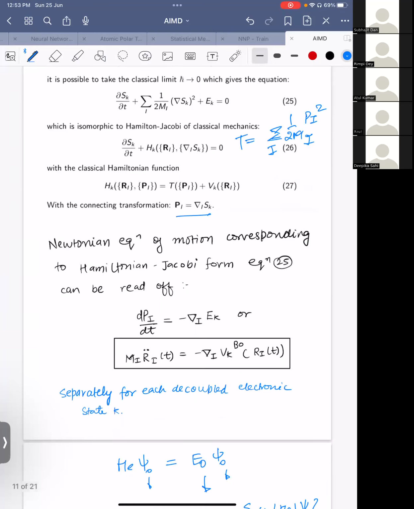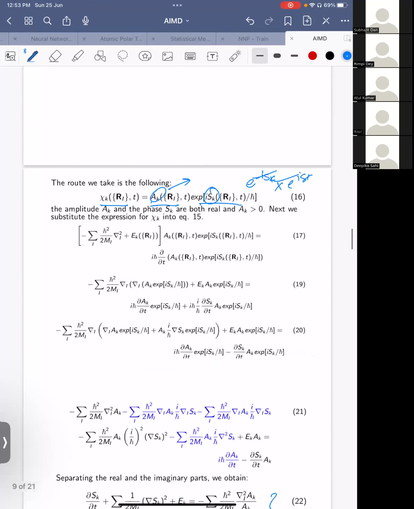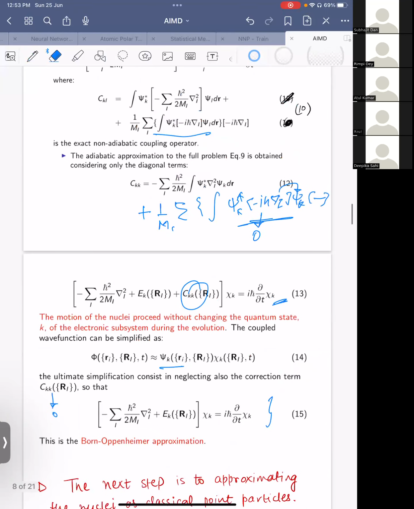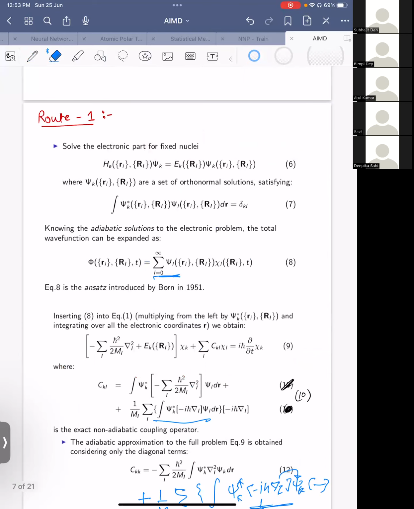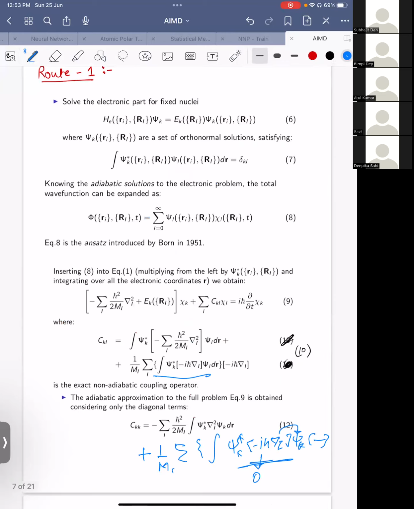Okay, so where are we using the approximation? Here. First, this is the approximation. We have divided the wave function into electronic and nuclear parts, based on the fact that nuclear motion is much slower compared to electrons, so we can divide these wave functions.